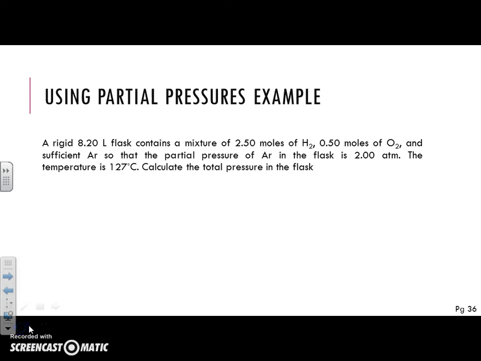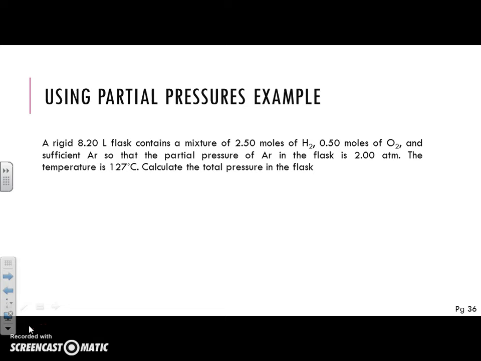In this example, a container has a volume of 8.20 liters, and it contains a mixture of 2.5 moles of H2, 0.5 moles of O2, and enough argon so that the partial pressure of argon is 2 atmospheres. The temperature of the whole flask is 127 degrees Celsius. We want to find the total pressure in the flask.